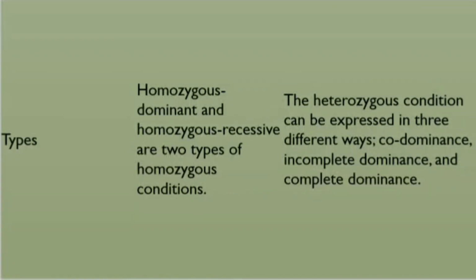Now let us discuss the types of homozygous as well as heterozygous condition. Homozygous condition has two types, as we discussed earlier, that is homozygous dominant and homozygous recessive. Whereas in the case of heterozygous condition, there are three different forms, that is codominance, incomplete dominance as well as complete dominance.